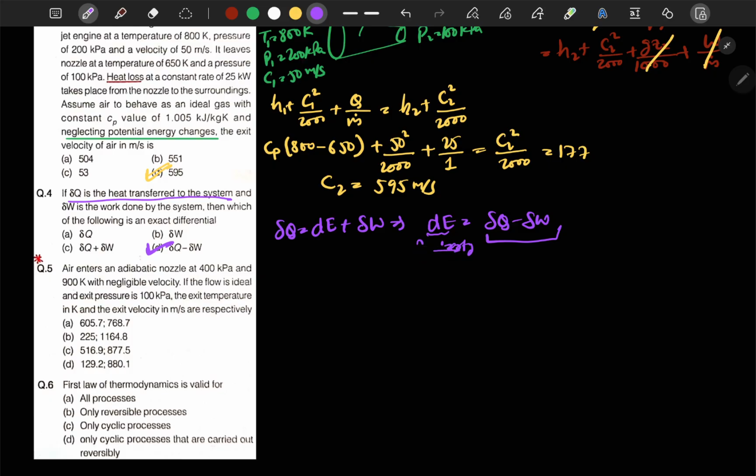Since it is a point function, it will be an exact differential. So the answer is D.